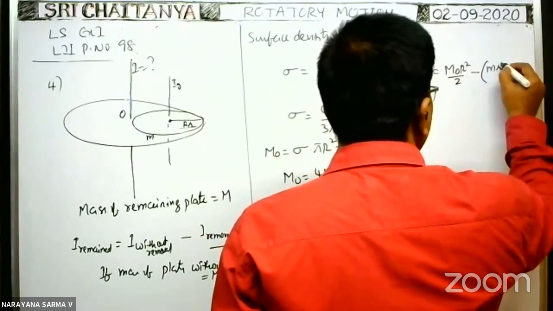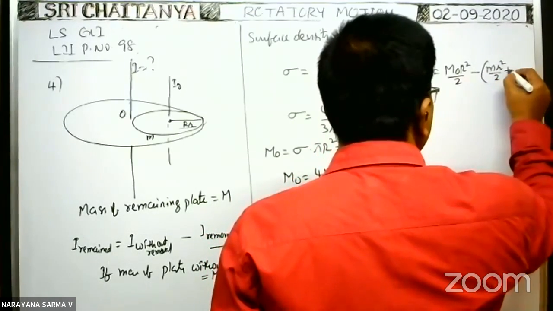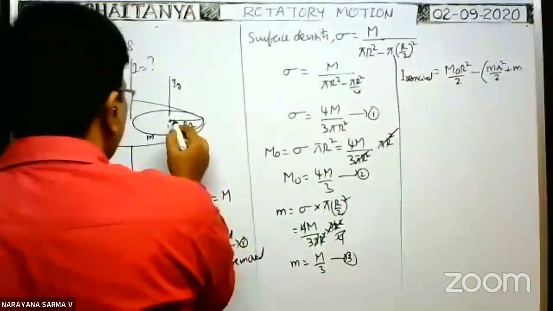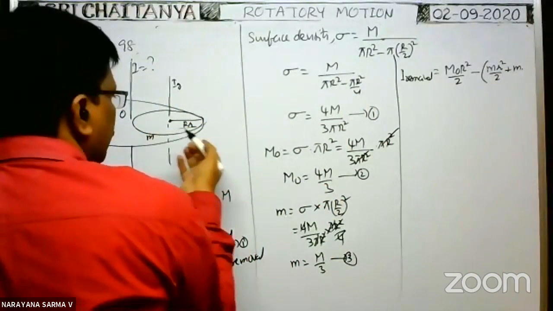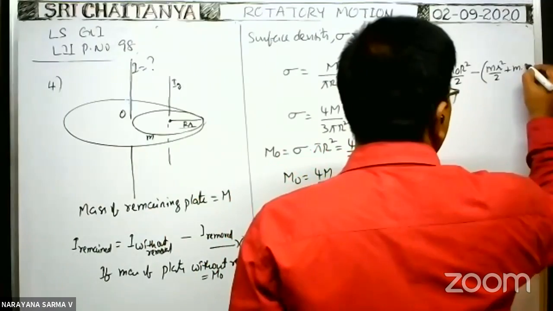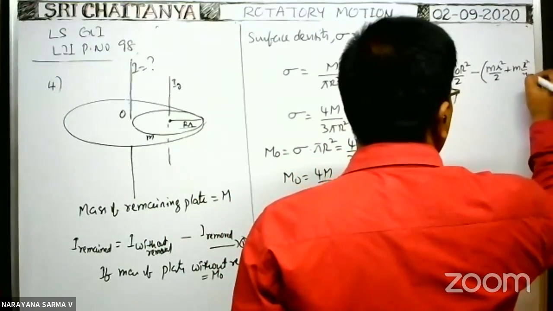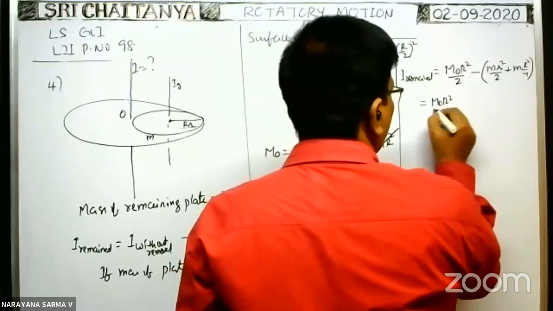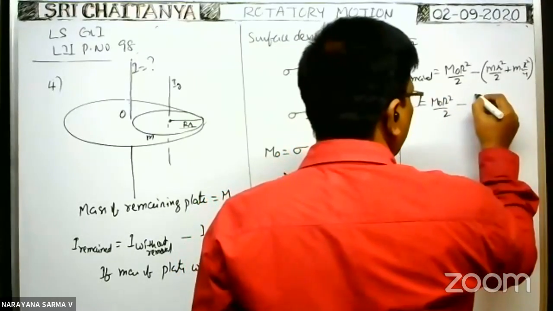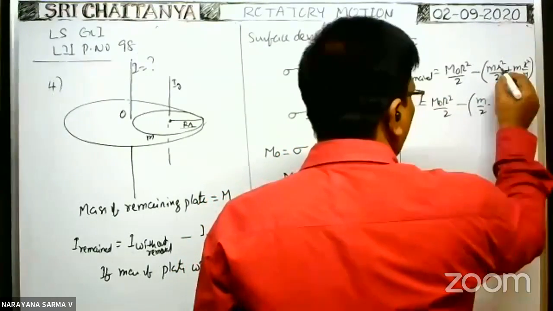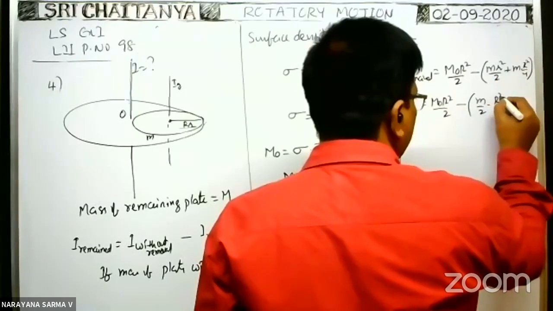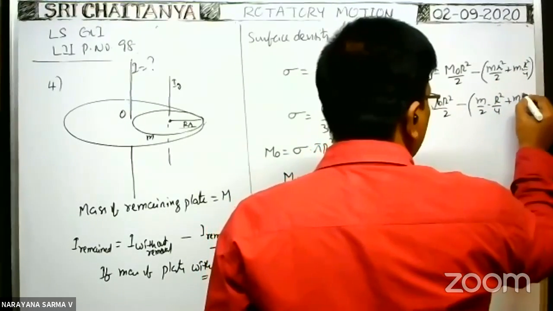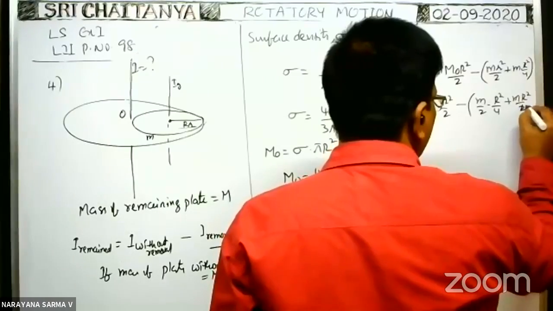Of course, small r square by 2 plus m into the distance between these two parallel axes. That means r by 2 only, r by 2 whole square, that means r square by 4. Okay. This is equal to m naught r square by 2 minus, here you see, m by 2 into small r, meaning capital R by 2 whole square, meaning r square by 4, plus mr square by 2. Sorry, mr square by 4.